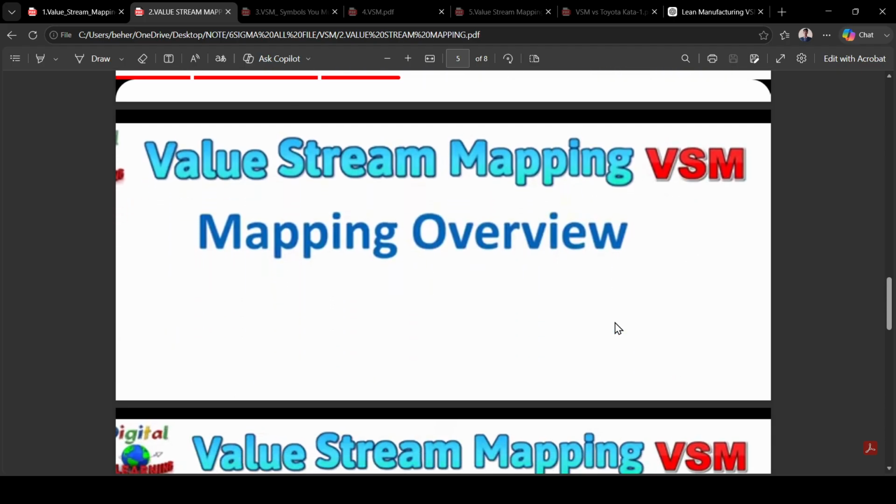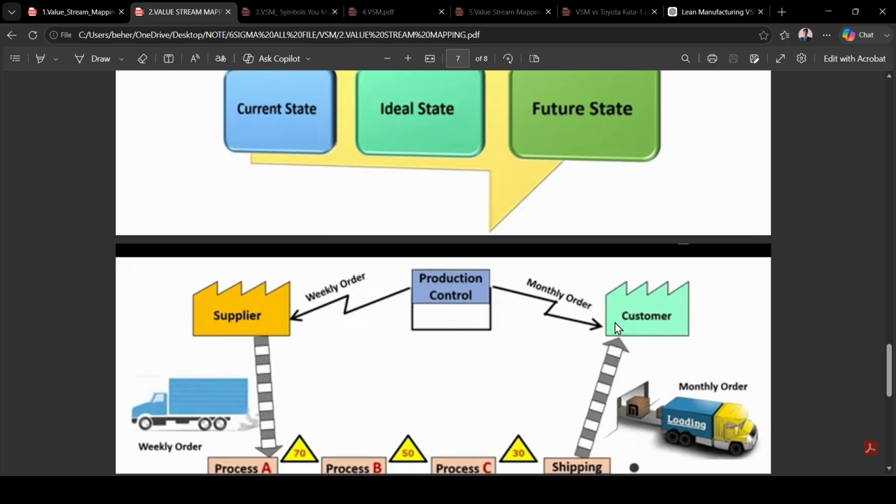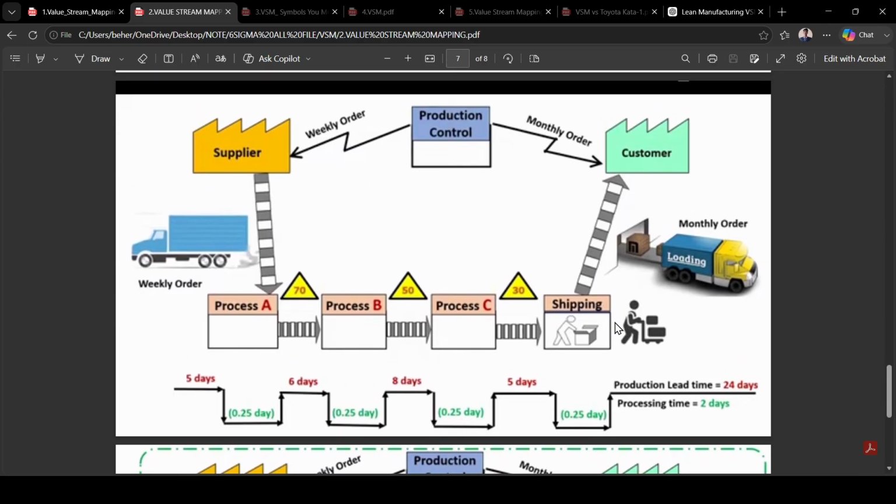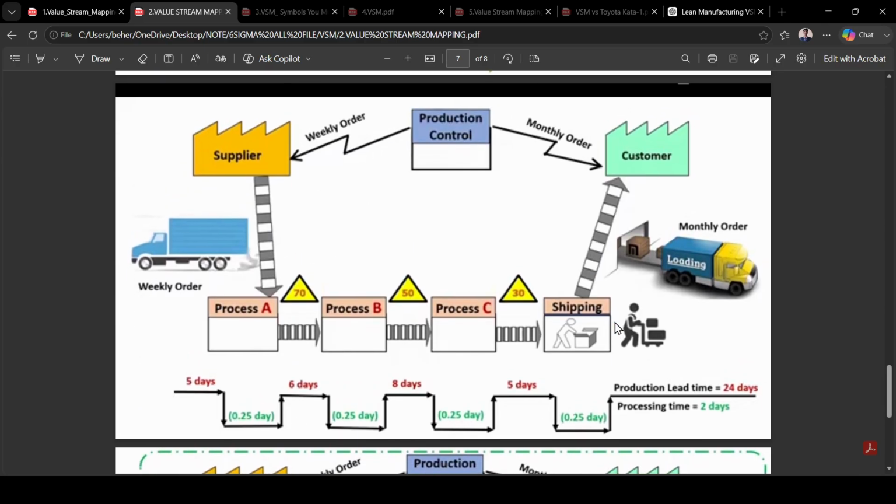So, value stream mapping overview. Current state, ideal state, future state. See, that is the current state and ideal state. One example also tells the same thing. You can understand the example in production control.